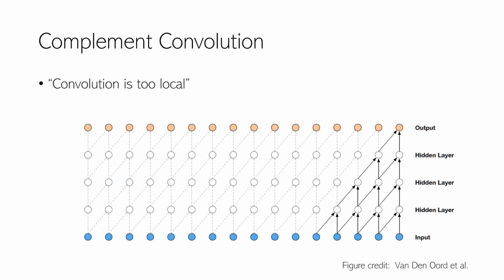In general, although powerful, convolution has its limitations. For example, the convolution layer is too local. It has difficulty extracting long-range pixel-to-pixel dependency. Please see this illustration. For this output, even by stacking 4 layers, only pixels within a short distance are modeled. Other pixels are not.